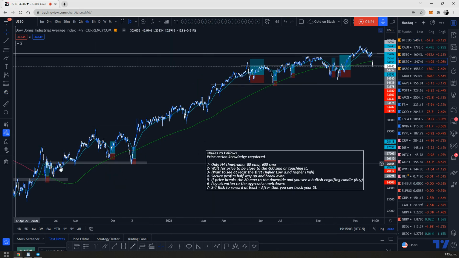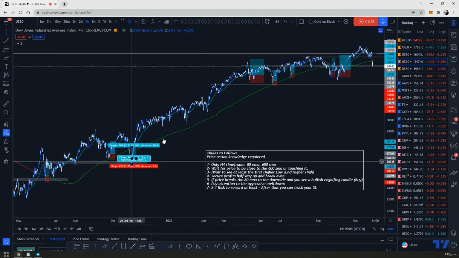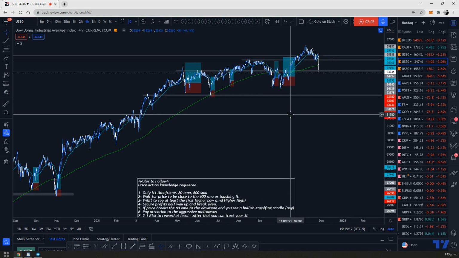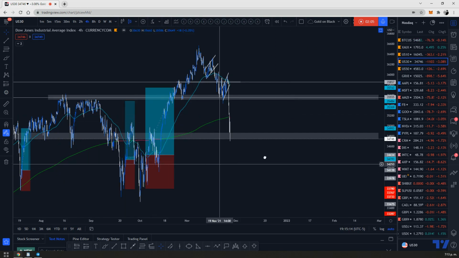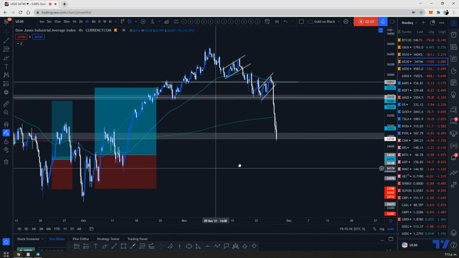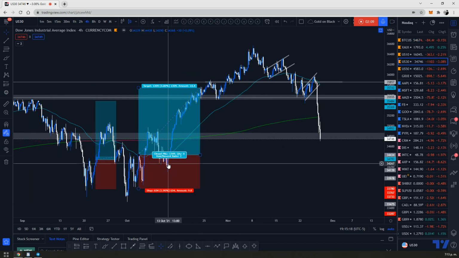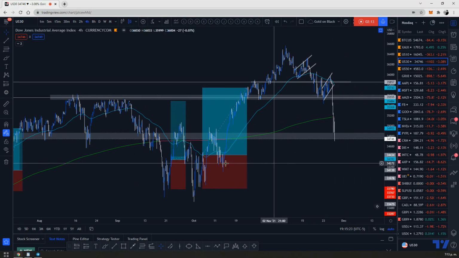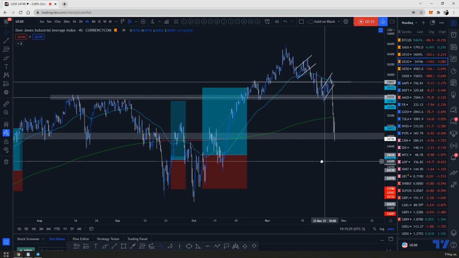That's why it's important to use your support, to see in the past where it's going to go. So this could have been a nice buy right here below that. This was a nice buy that I actually did. I was able to catch this bullish flag right here. So there are several ways to make this type of entries and hold it.